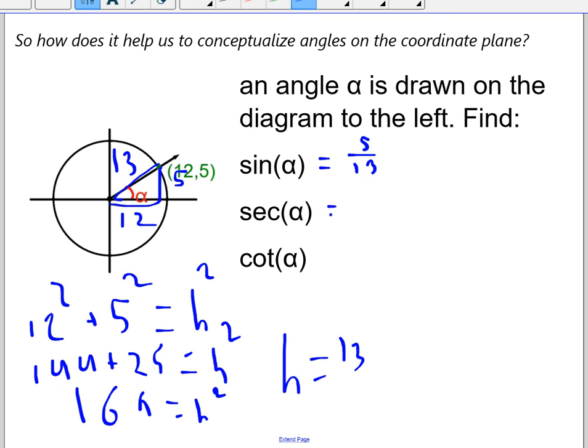Secant is going to be hypotenuse over adjacent. So the secant is going to be 13 over 12. And then cotangent, what is cotangent the reciprocal ratio of? Yep, of tangent. So tangent is opposite over adjacent. Cotangent is adjacent over opposite. So we're going to have 12 over 5.